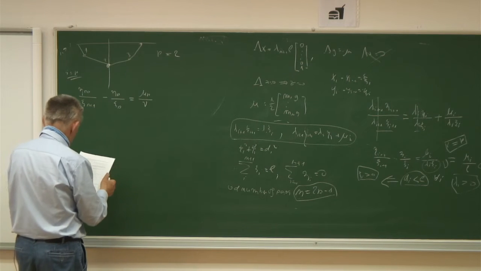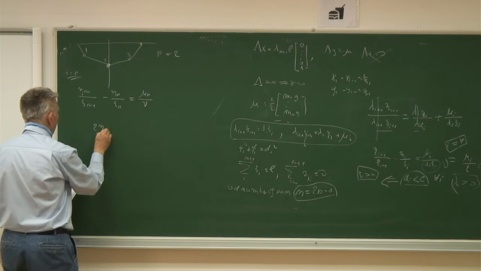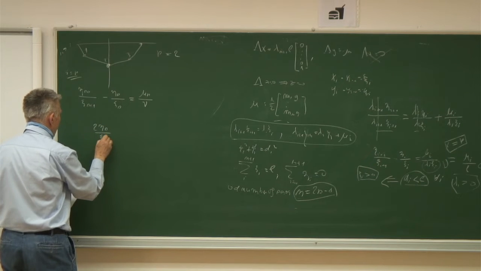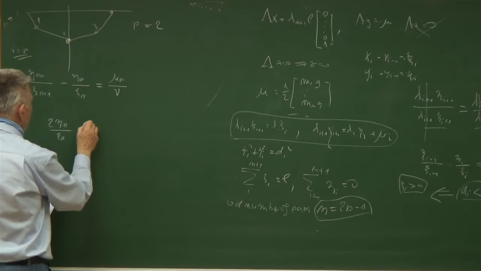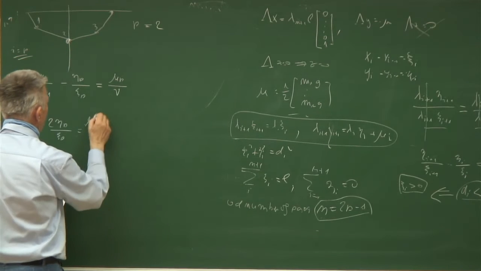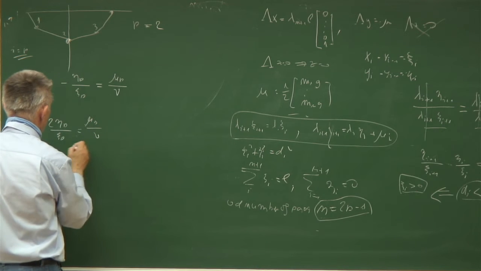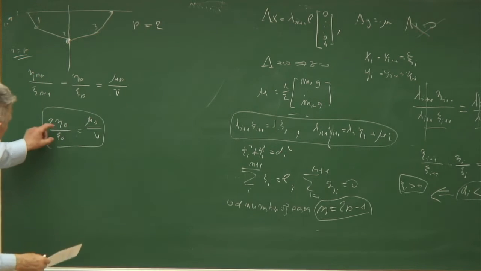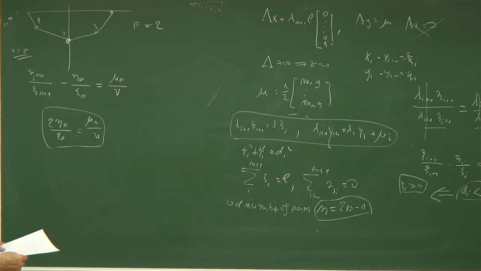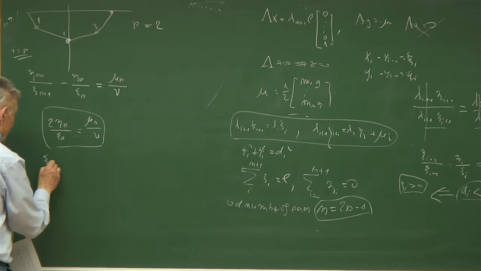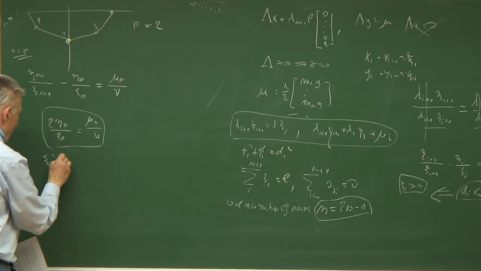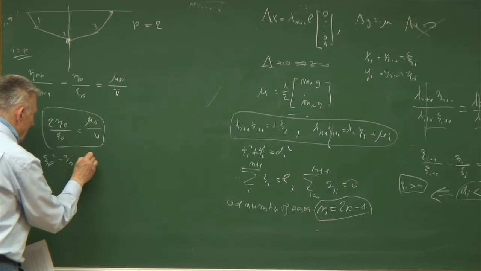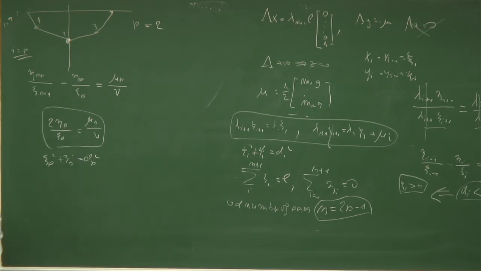So this is then just 2 eta p over xi p equals mu p over nu. So we have the quotient of them, and we know that xi p squared plus eta p squared is equal to d p squared. We have two equations for two variables which we can solve.